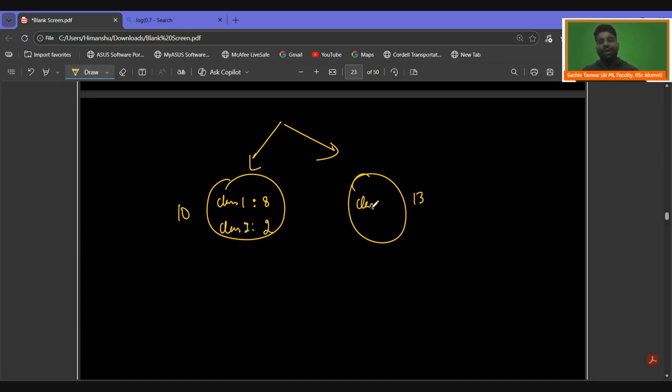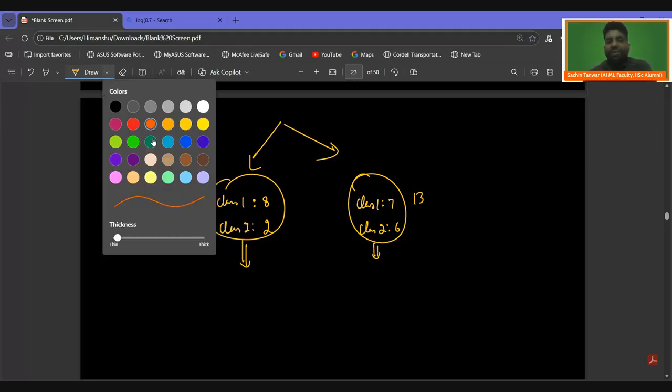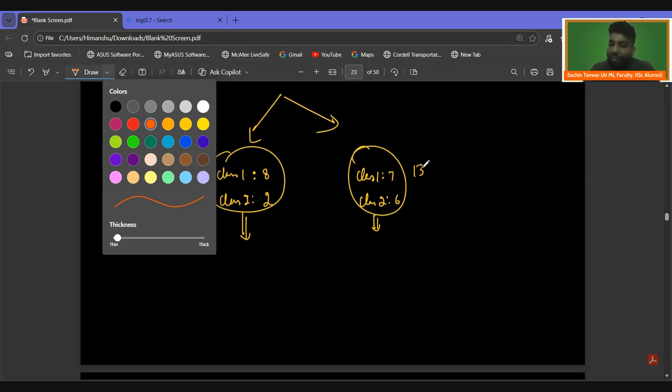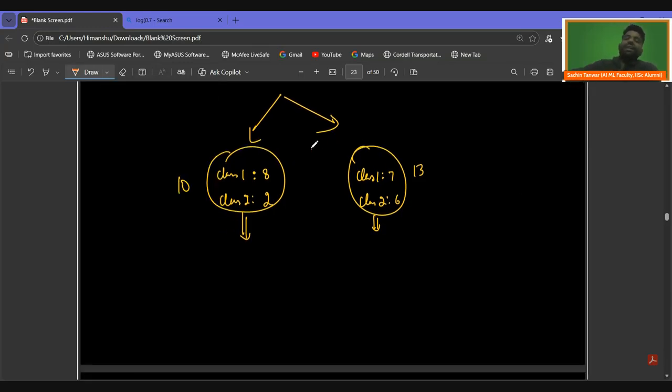Class 1 I'm getting over here is, let's suppose, something like 7. Class 2 I'm getting somewhere over here is 6. So the way we will be calculating entropy for this one and then for this one, let me just write that formula, because this would be something which will be happening in your numerical questions. As I said, they will never be asking you to create the entire decision tree.